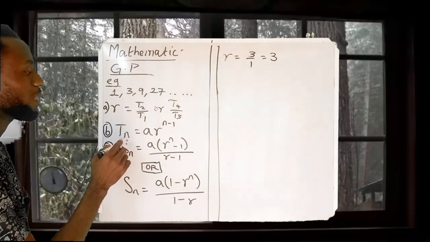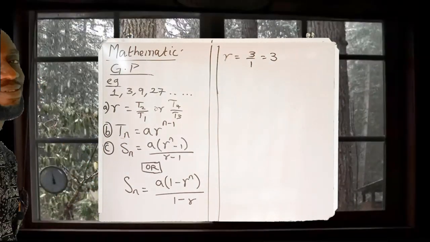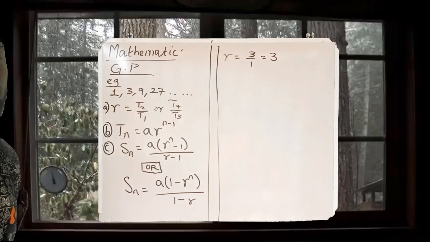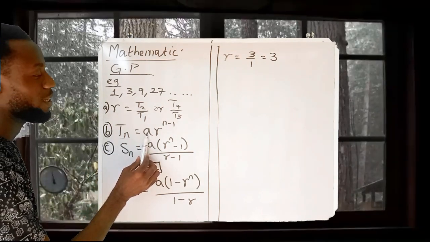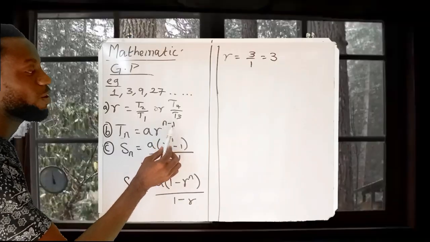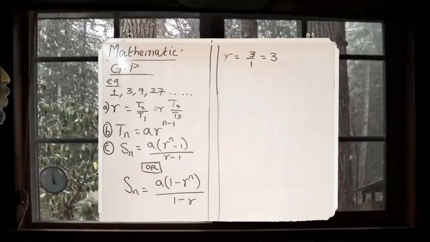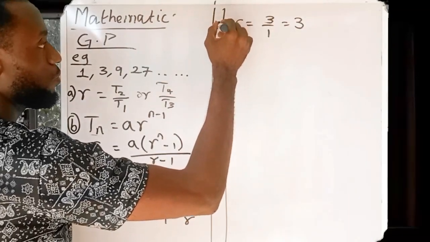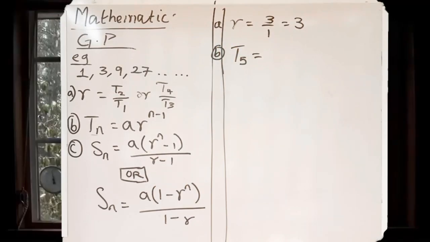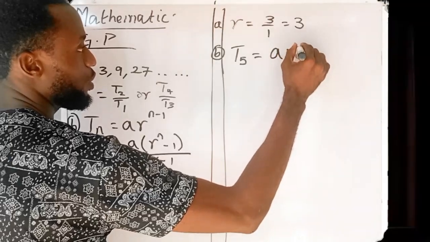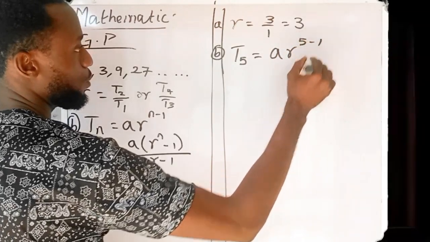Now this second formula is for getting nth term, just like the AP. For nth term of a GP, the formula is A times the ratio raised to the power of n minus 1. So let's say, for example, we are asked to find T5. The number is 5. So we are going to do A times the ratio raised to the power of 5 minus 1.